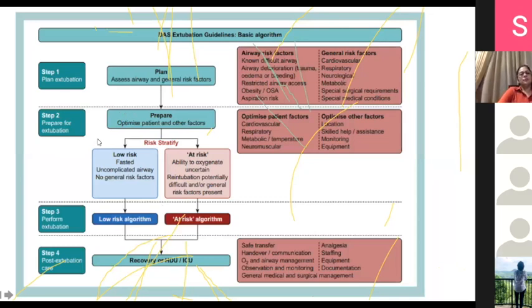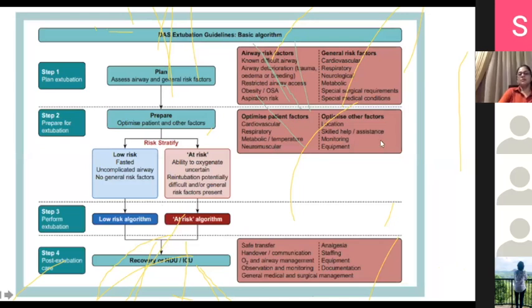And then you prepare accordingly. So in order to prepare, you've got to make certain things conducive in terms of the environment as well as the patient. So optimize the patient's cardiovascular, respiratory, metabolic, and neuromuscular function.